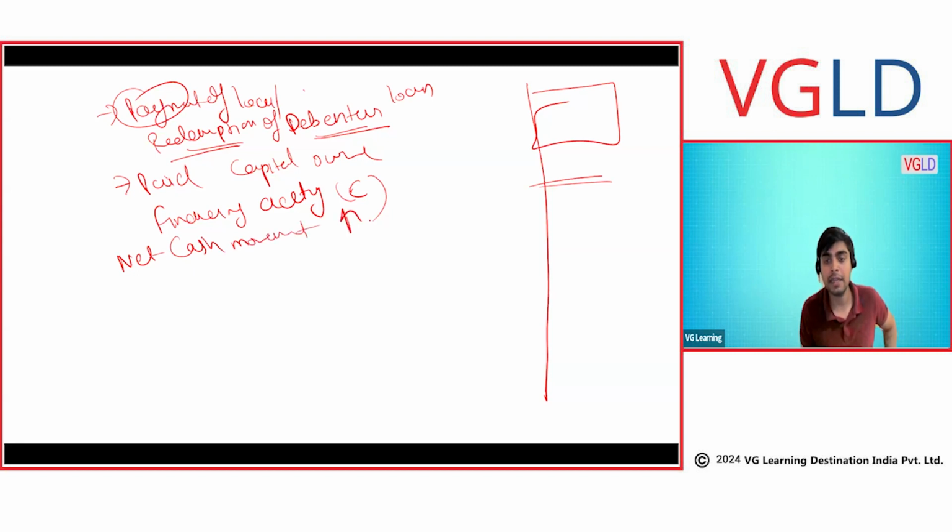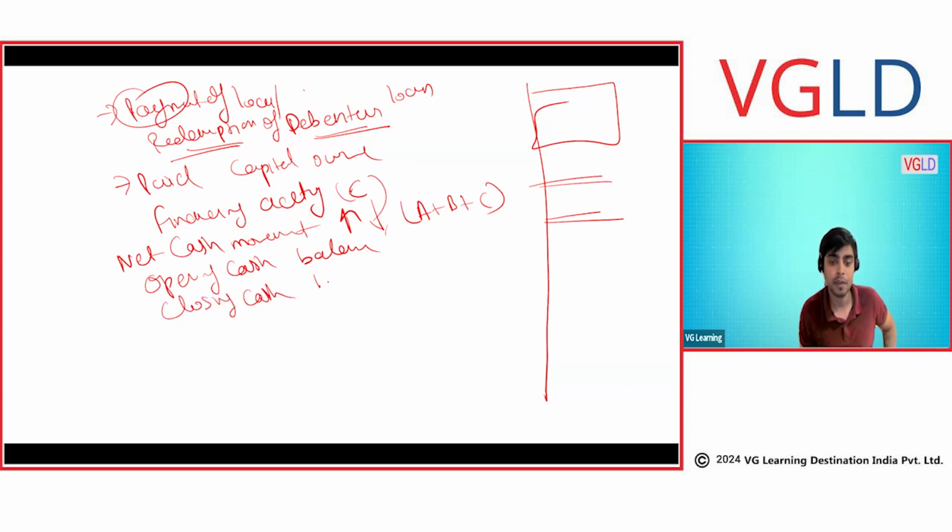Either cash will increase or decrease, so it will be A plus B plus C. Then you will add the opening cash balance, and finally you will have the closing cash balance. If you think about it now, you can crack the cash flow statement in a moment.